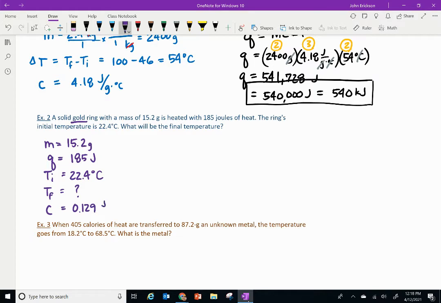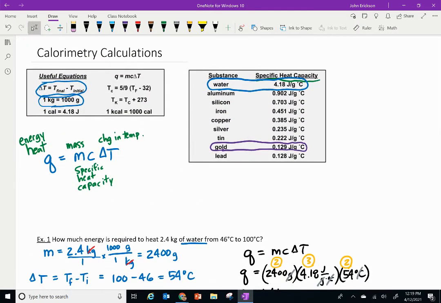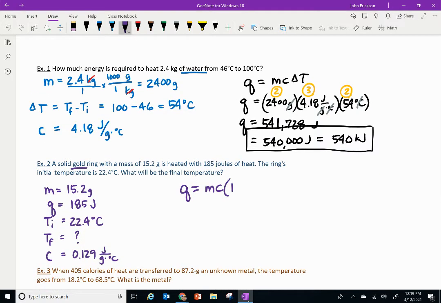And that's joules per gram degree Celsius. All right, this time when I solve this problem, Q equals mc delta T, I'm going to write delta T a little differently. Remember from our useful equations here that delta T actually means T final minus T initial. And so I'm going to put it in that way, T final minus T initial.